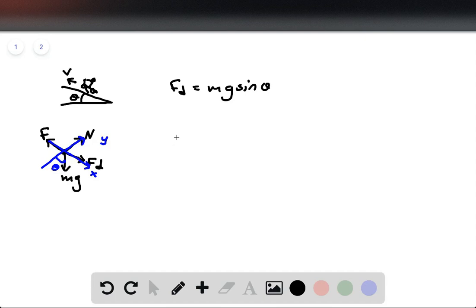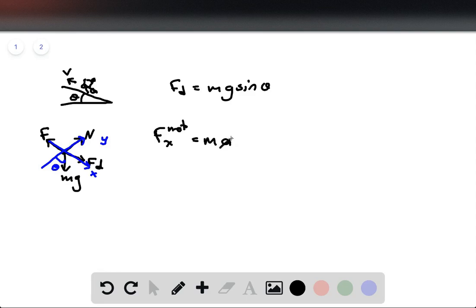So then we can just write an equation for the x direction. She's moving, so a, I don't know what a is, but I guess we're told that she's moving at the same speed, at a steady speed.